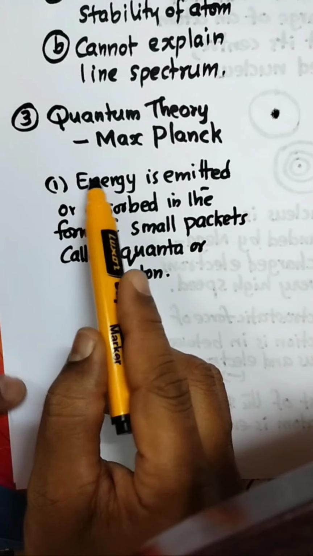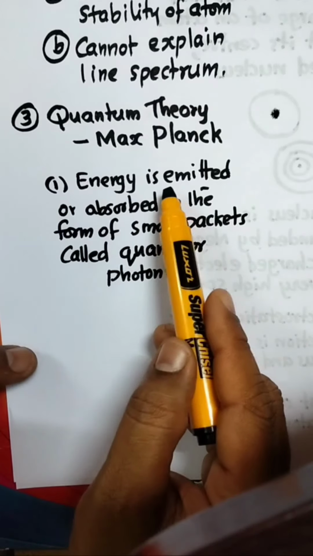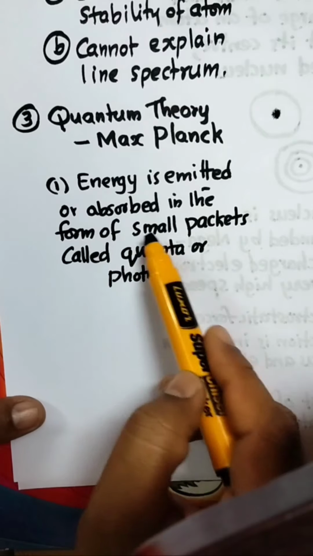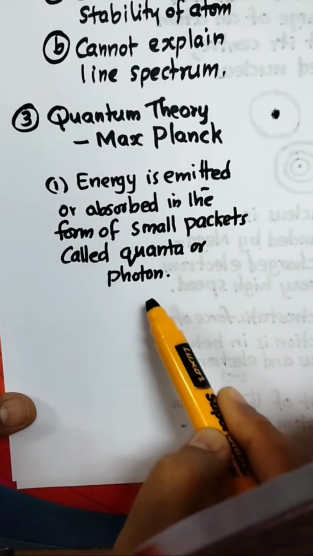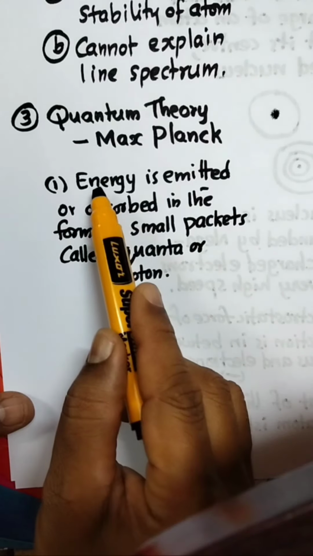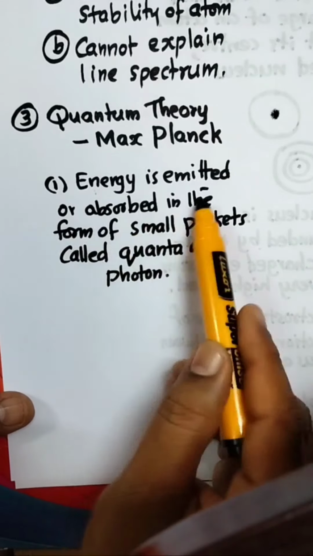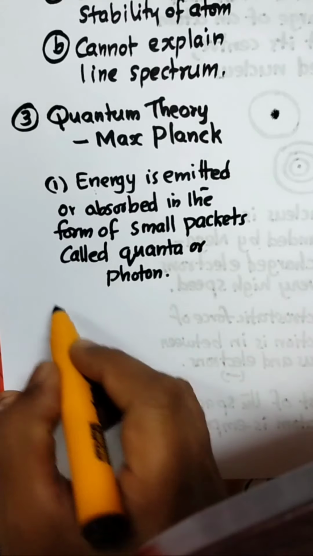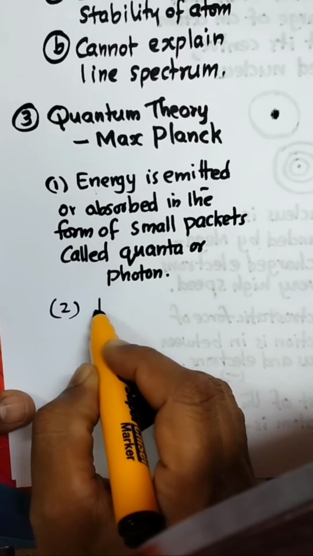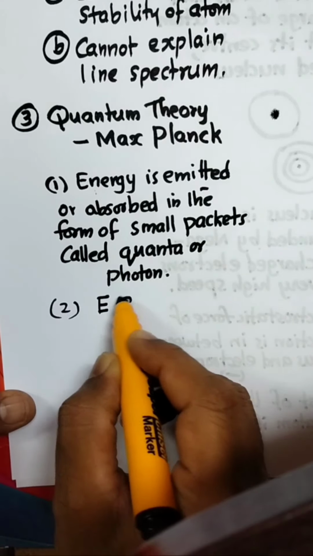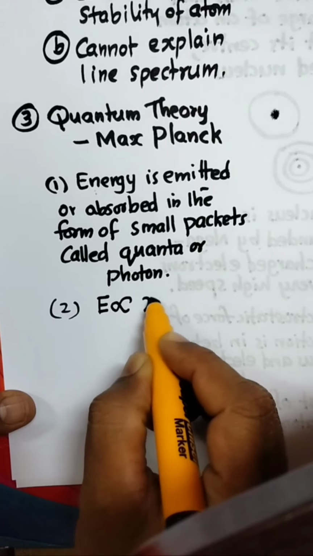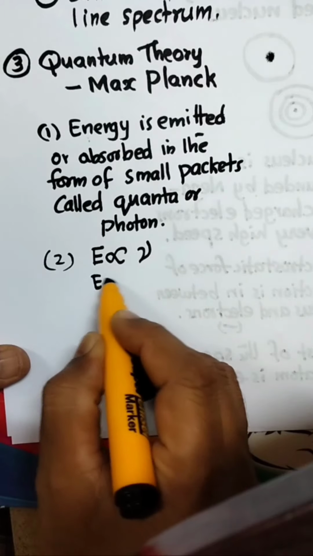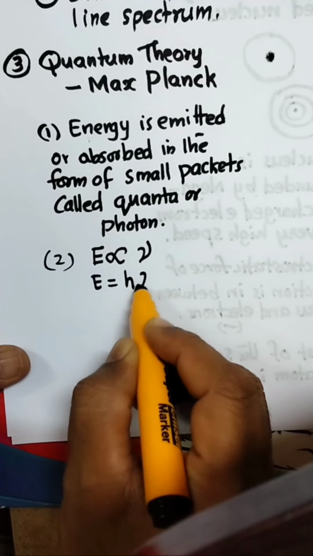This energy is radiant energy which is emitted not continuously but discontinuously in the form of small packets of energy. Each packet is called quanta or photon. Second point, energy of radiation is directly proportional to frequency nu, or energy equals a constant h into nu.